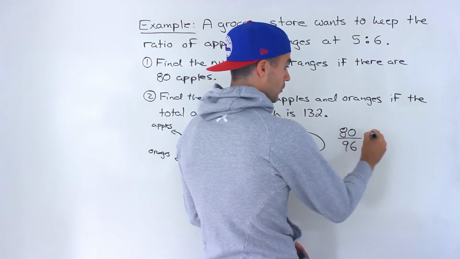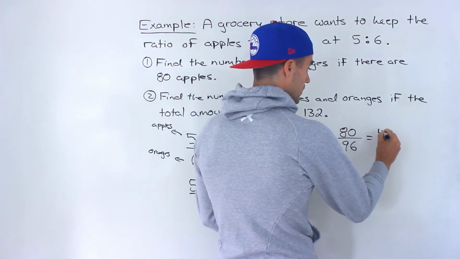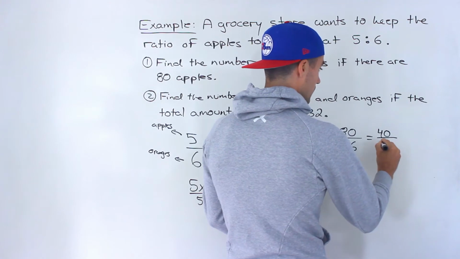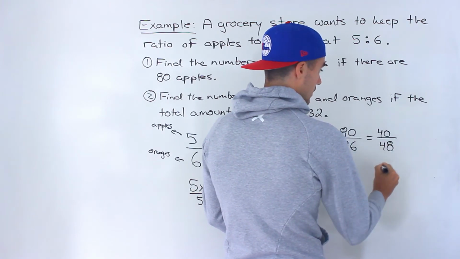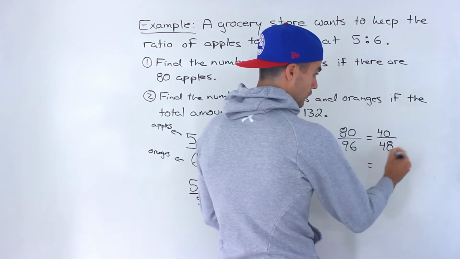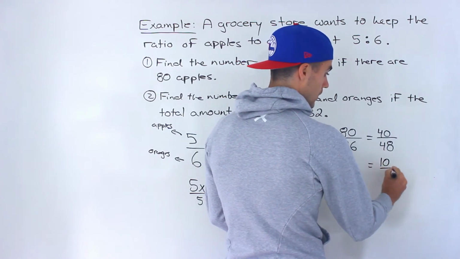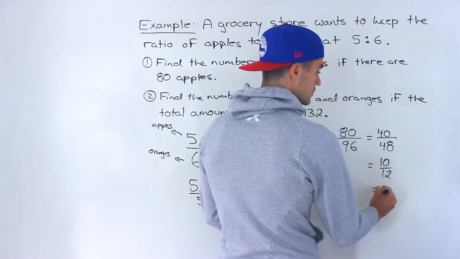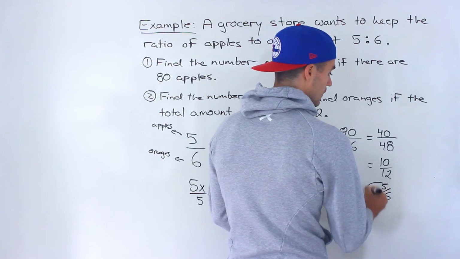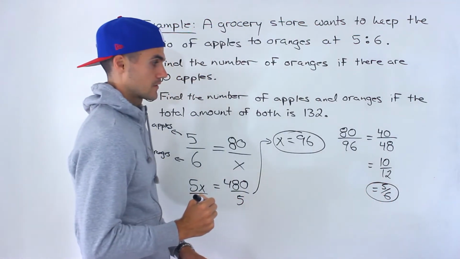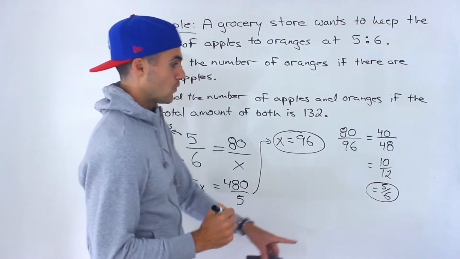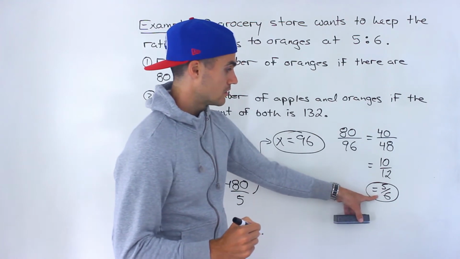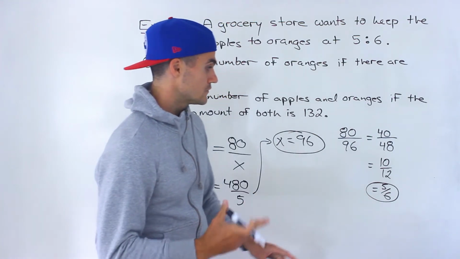We could divide both by 2, so we'd have 40 over 48. Then notice we could divide by 4, so we'd end up with 10/12. Then we can divide both by 2, which would be 5/6, like that.